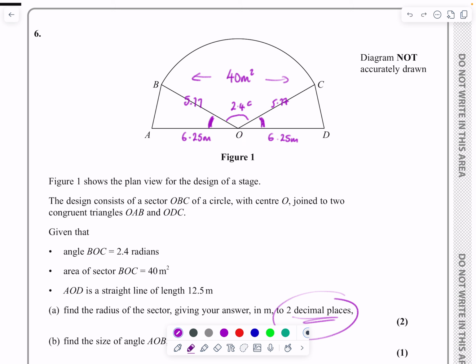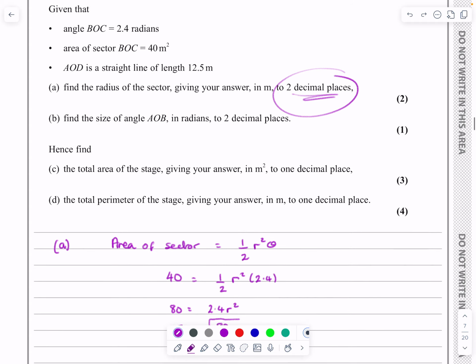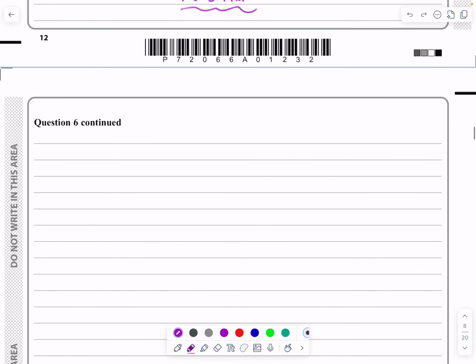So one of them is just going to be 2 pi, the complete straight line here, 2 pi, minus the 2.4, and then that divided by 2 will give us the answer for AOB. Let's tell the examiner that.